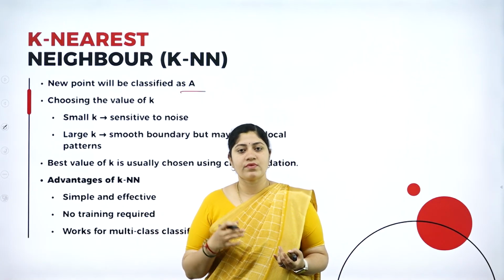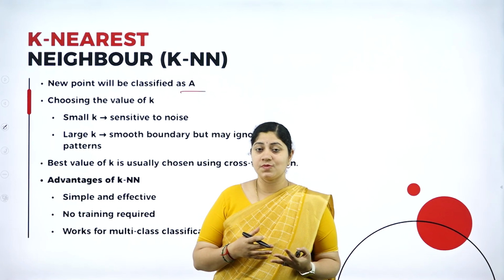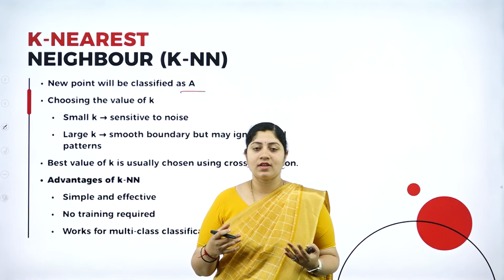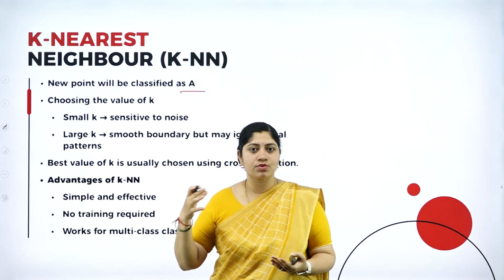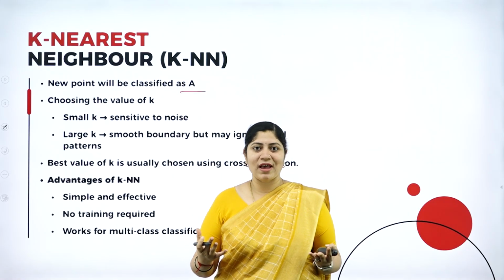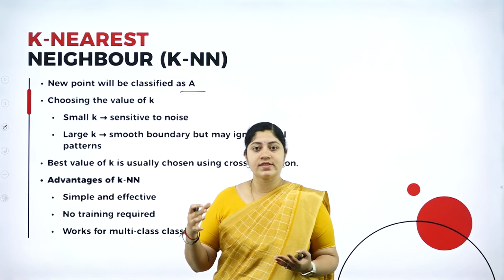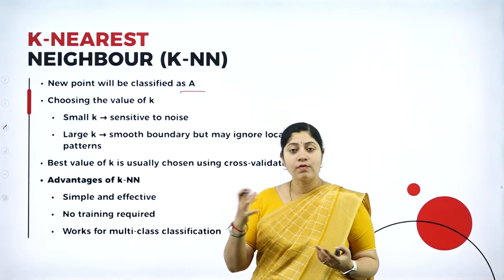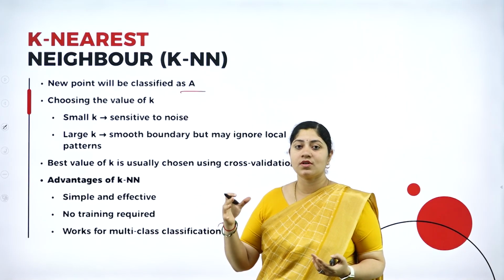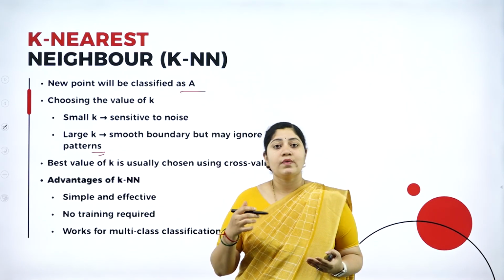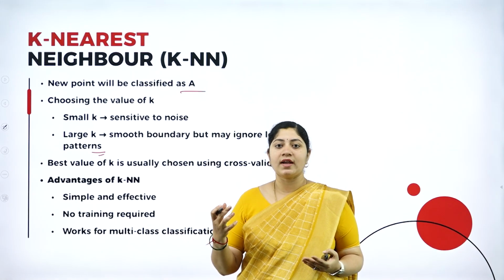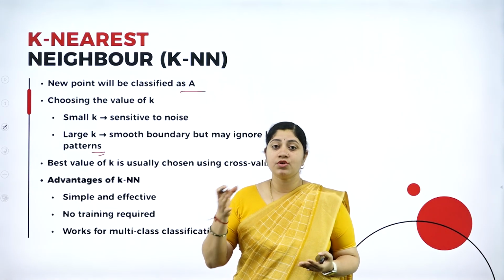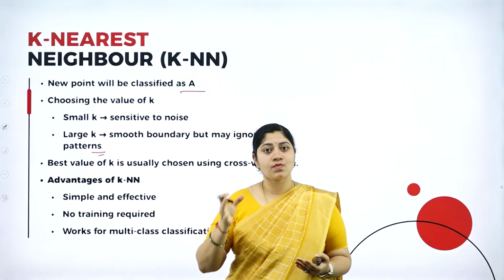If the value of K is very small or negligible, then we can assume that it is very sensitive to noise. What if the K value is large? In those cases, there will be smooth boundaries, but it may ignore the local patterns. With respect to this, we can note that the best value of K is usually chosen using cross validation.